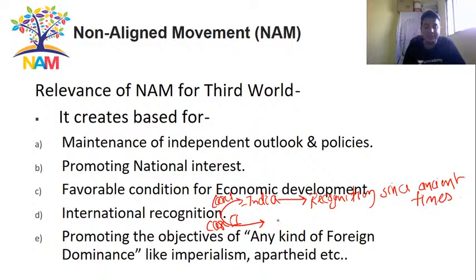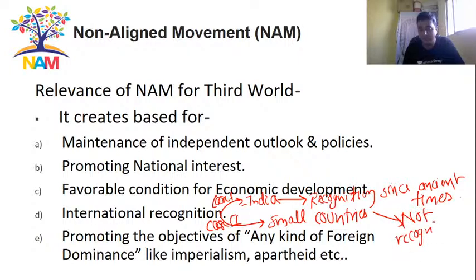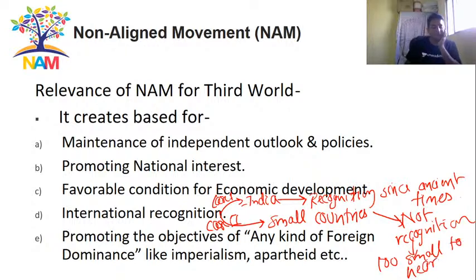There were many small countries who had no recognition. They are too small to be heard. Clear?